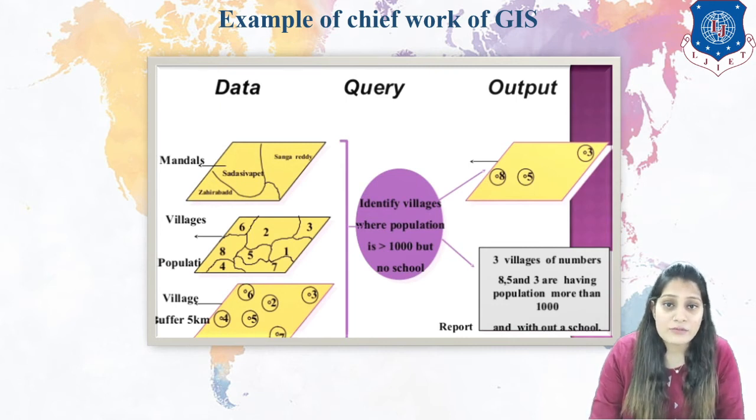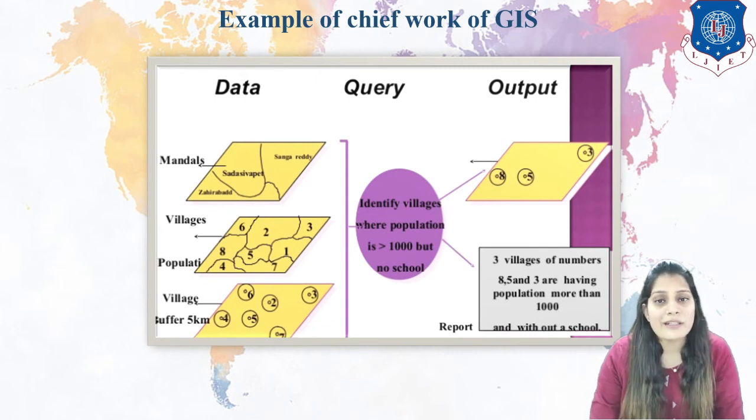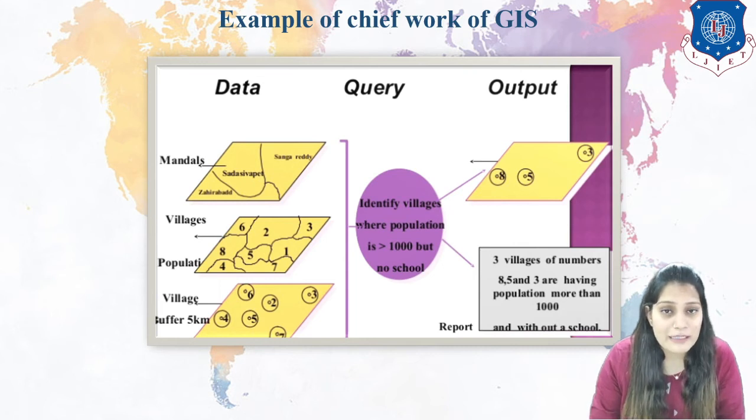And which are without school. Now, how would I know which are without school? I haven't asked that question. Look at the data I have shown in the last column, village and buffer of 5 kilometers. So I have given the software a query that the population should be more than 1000, but with a surrounding of 5 kilometers where a school is not present.